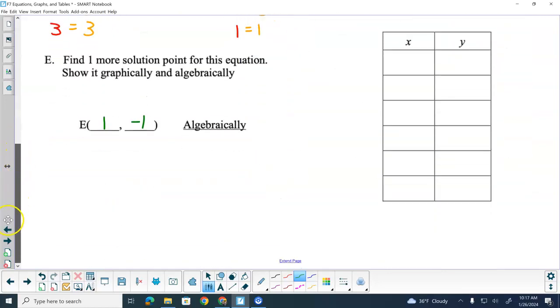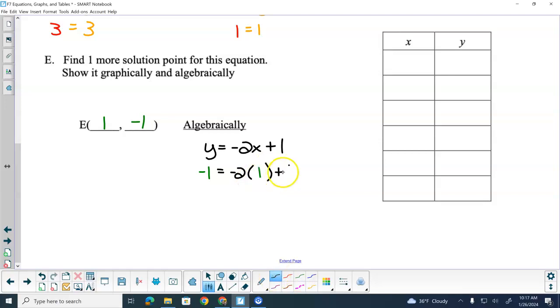Algebraically, it would need to fit into this equation. Negative 2 times positive 1 is negative 2. Negative 2 plus 1 is negative 1. And negative 1 is equal to negative 1. Okay?